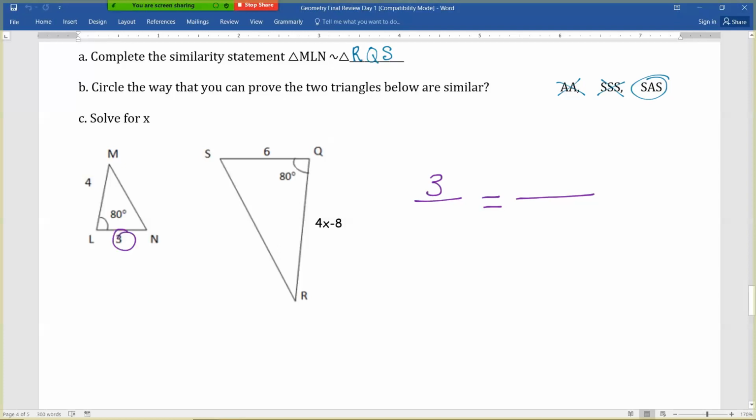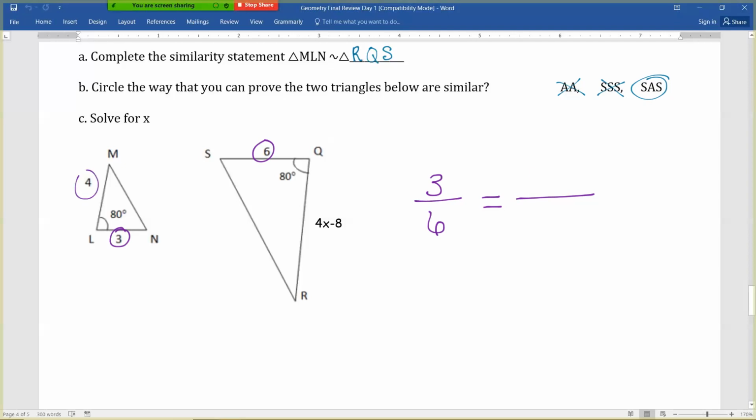So that's this right here. Shortest side on the right triangle is this 6 up here, so it's going in the denominator. So I've got 3 over 6 equals, then I'm going to go to a different side. In this case, I'm going to go to this side right here.